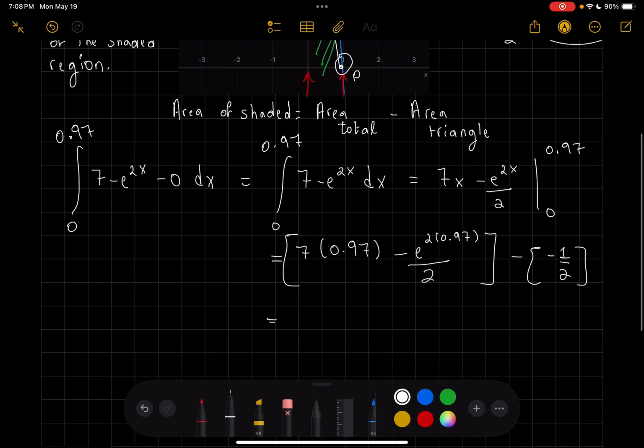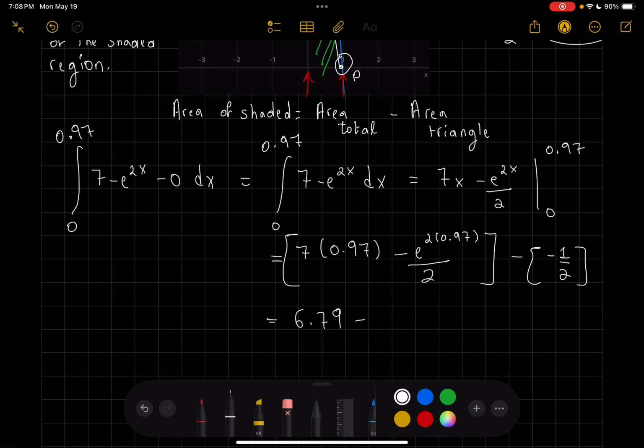So 7 times 0.97 is 6.79, minus e to the power of 2 times 0.97 over 2, which is 3.47.